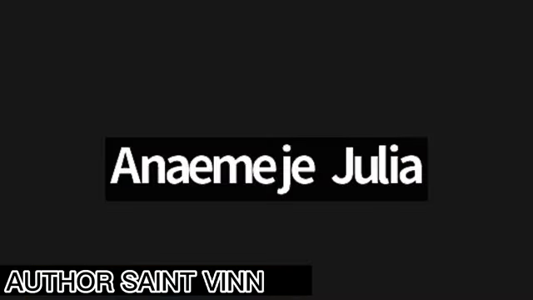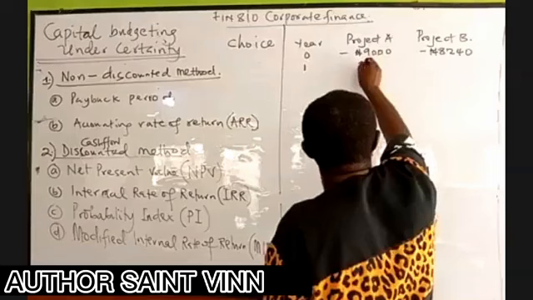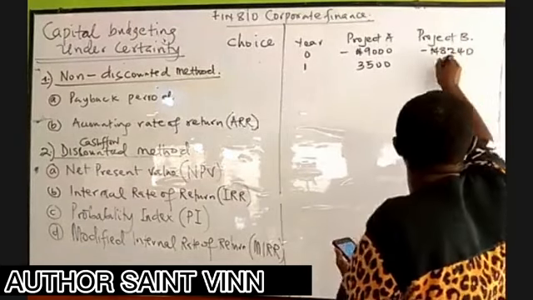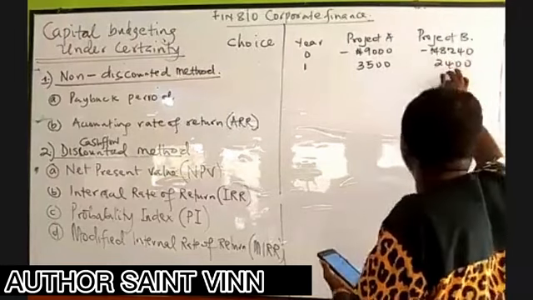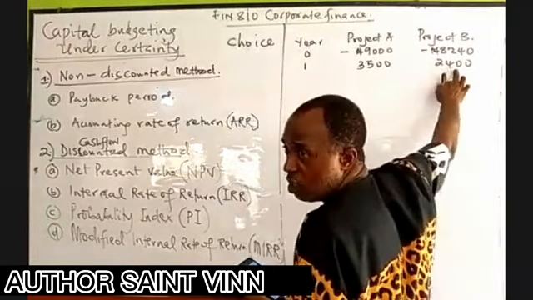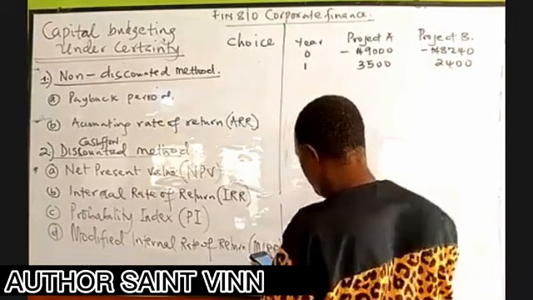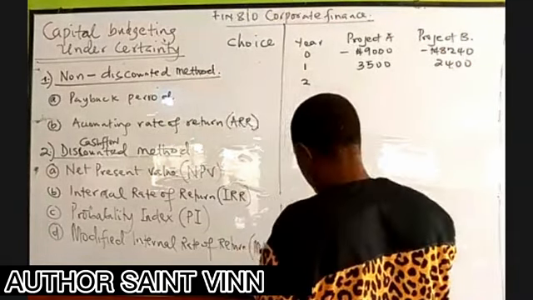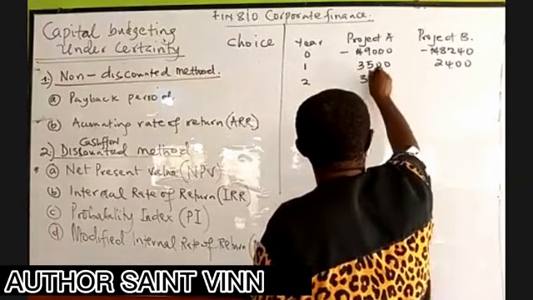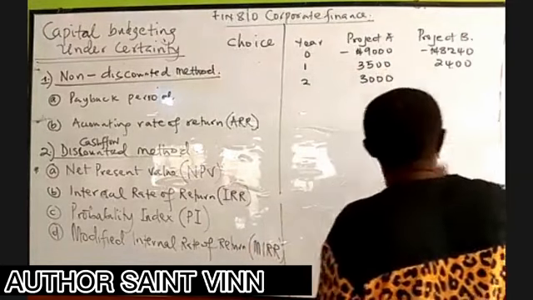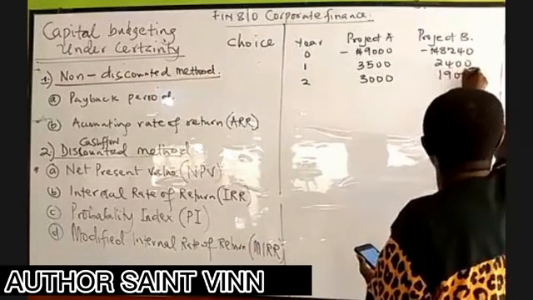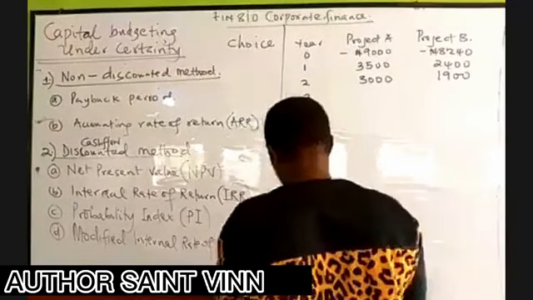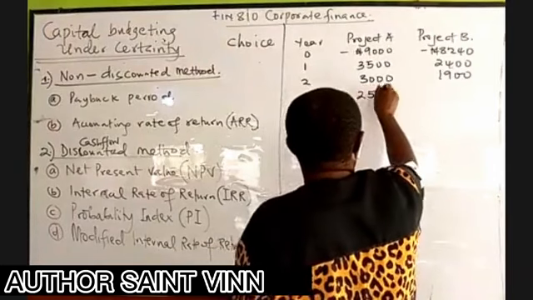So year 1 now, we have 3,500. This one has no minus. I hope you are seeing it. This is 2,400. These are the cash inflow, our revenue, our profit, our income. Year 2, 3,000. Year 3, we have 2,500.